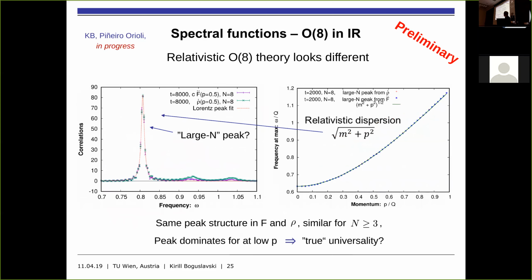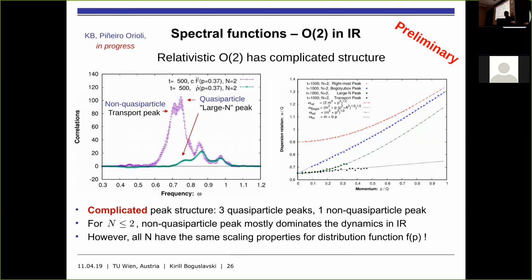But why you see completely the same dynamics for all n and for the relativistic theory is still a mystery. You just see that in the distribution function. But I think it is important to look deeper into the excitation spectrum to reveal what is universal and what is not universal.